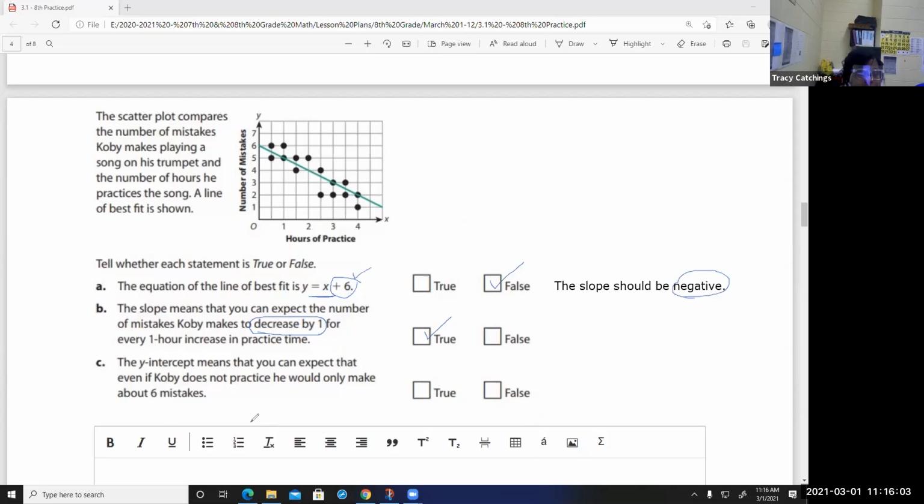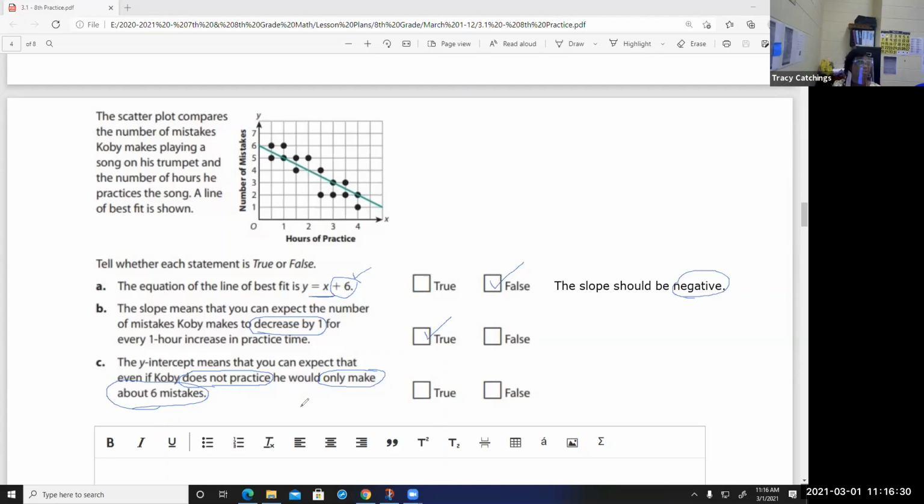All right, and then part C says the y-intercept means that you can expect that even if Kobe does not practice, he would only make about 6 mistakes. Is that what that y-intercept tells us? So that means 0 hours of practice.